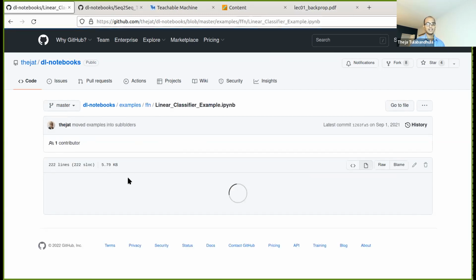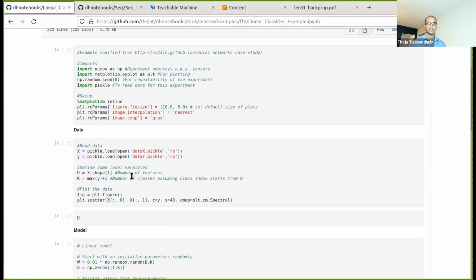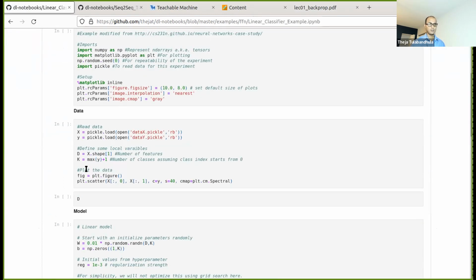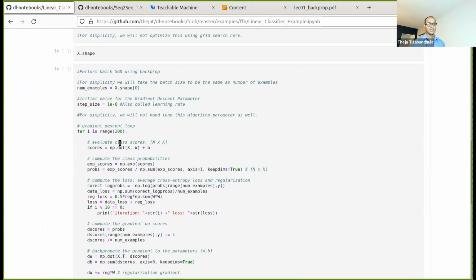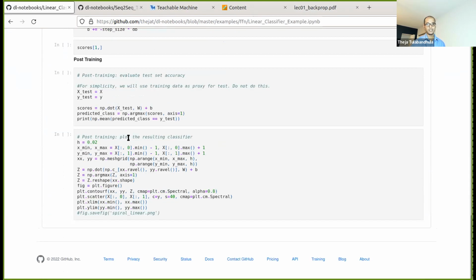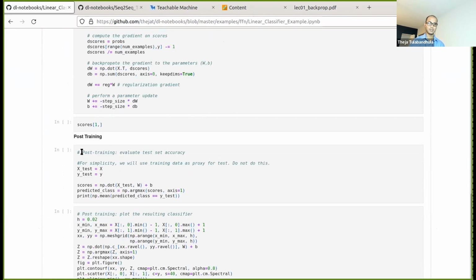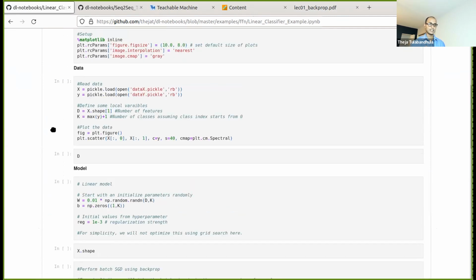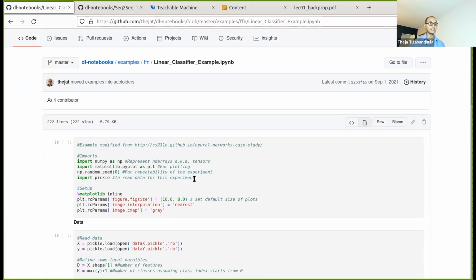But you can try this example, which exactly mirrors what we saw today. What is the data? What is the model? This is the optimization loop, and you can score and see the performance. It doesn't use any complicated packages, just NumPy and plotting, so it'll give you a sense of what the training loop looks like. And this is just implementing logistic regression.